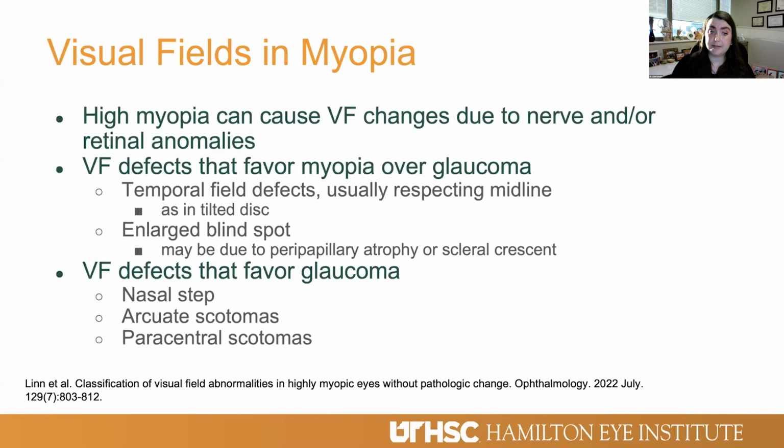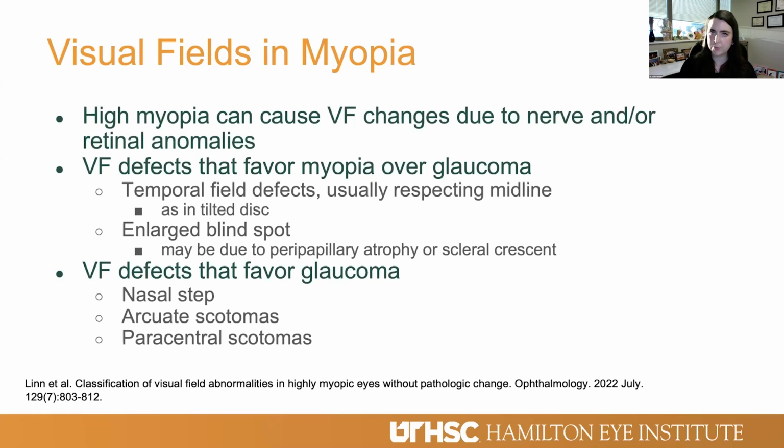Visual field defects that favor glaucoma in the setting of myopia are the classic visual field defects that we're all familiar with: a nasal step, arcuate scotoma, paracentral scotomas, things like that. So you keep in the back of your mind when interpreting a visual field, okay, this patient has myopia. It still doesn't really change how I interpret a visual field.